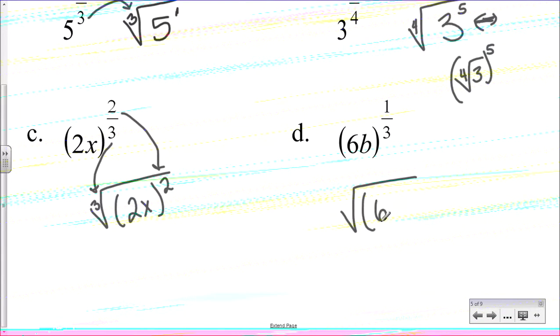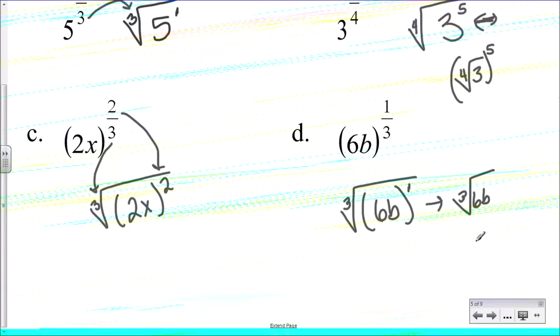Again, there's parentheses, so I'm going to leave my parentheses around my 6b. Numerator becomes my exponent, denominator becomes my index. One other way that you would see this, because anything to the 1st power is itself, you might just see this for an answer. And those are the same thing. So the cubed root of 6b.